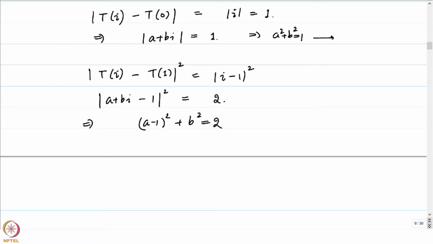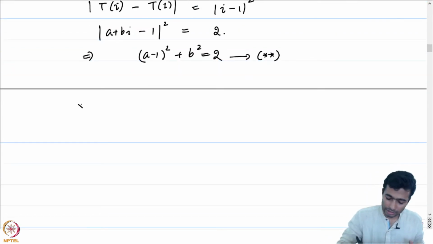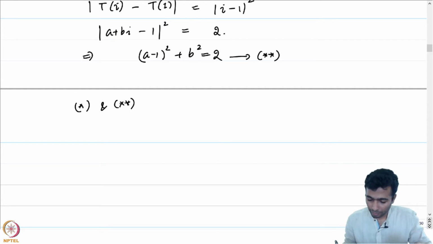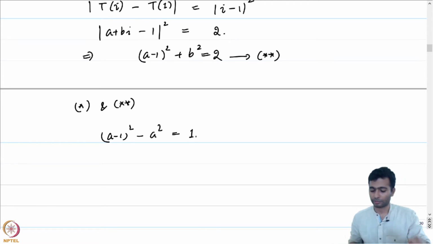So there is one equation here, and there is another equation here, the two equations star and star star. Subtracting one from the other, we have (a minus 1) the whole squared minus a squared is equal to 2 minus 1, which is 1.